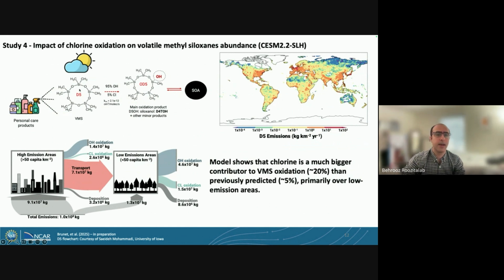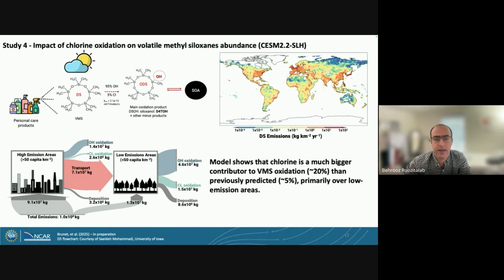Recent studies using lab experiments found an additional oxidation pathway using chlorine, and they estimated 5% removal oxidation of D5 is through chlorine radicals. And the oxidation product can also then go through the gas aerosol transfer and produce secondary organic aerosols.